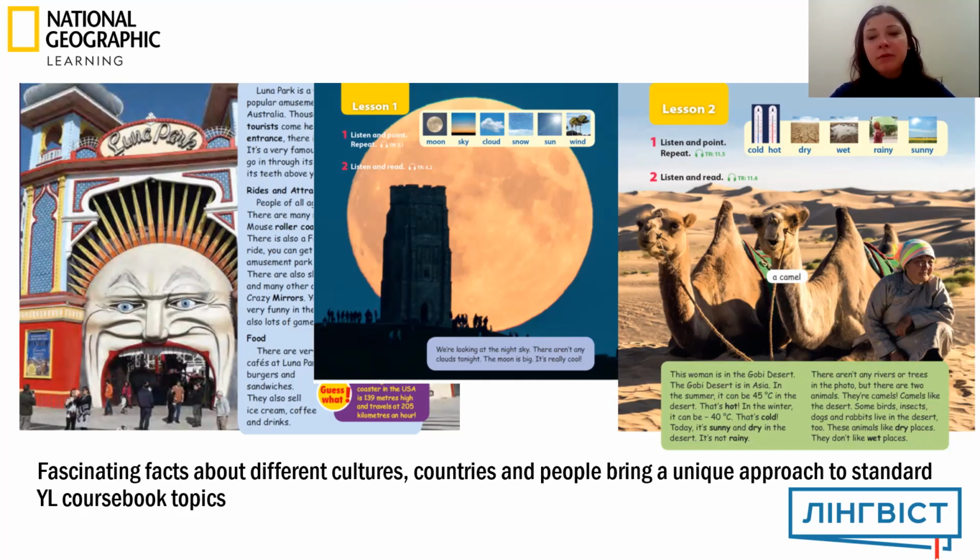They tell about people from all over the world. These are books and photos that will grab your students' attention, and it will be much easier to explain to them why they need to study when we have such great materials.